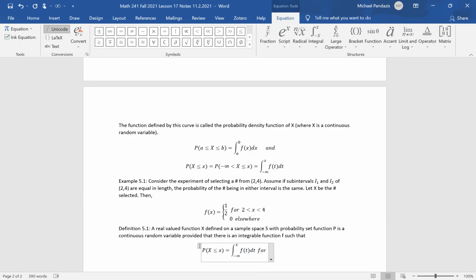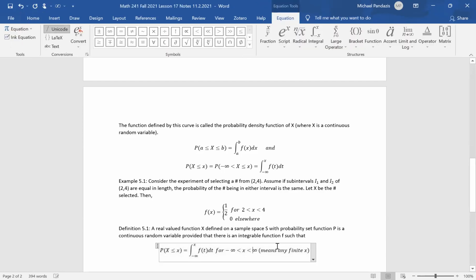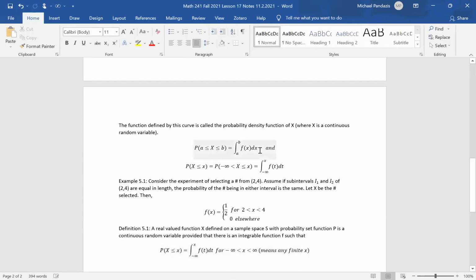And this is for any x, any finite x. Okay, saying it's strictly between -∞ and infinity means it's any finite x.